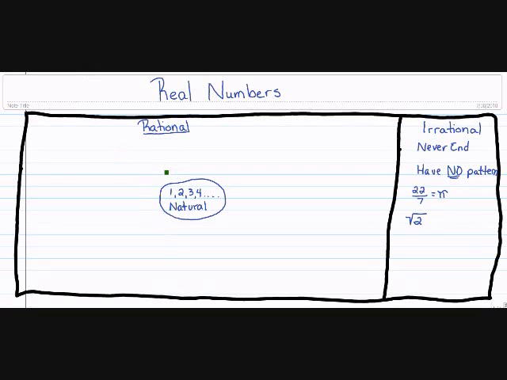Then we have numbers that start at 0, 1, 2, 3, 4, and so on. No decimals, no fractions. These are called your whole numbers. Notice the difference between your whole numbers and natural numbers is your whole numbers have 0, where natural numbers do not have 0.